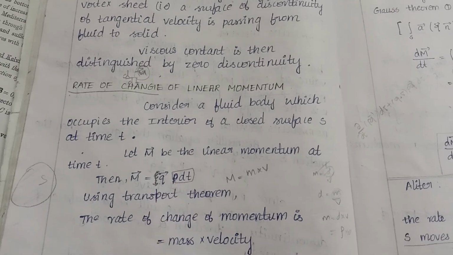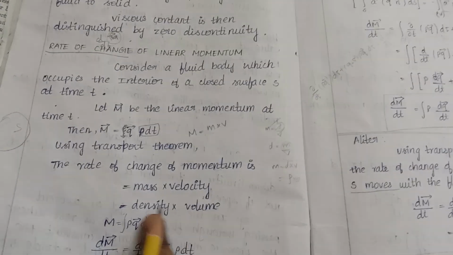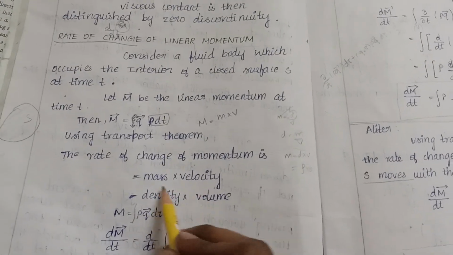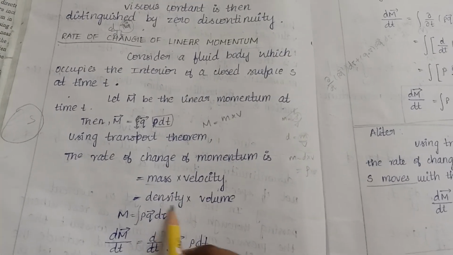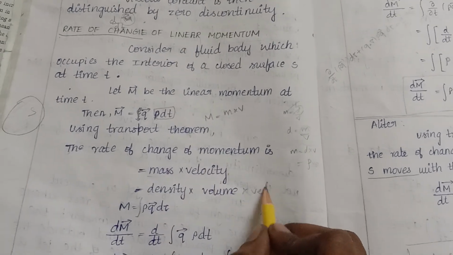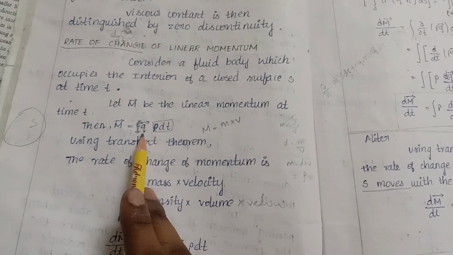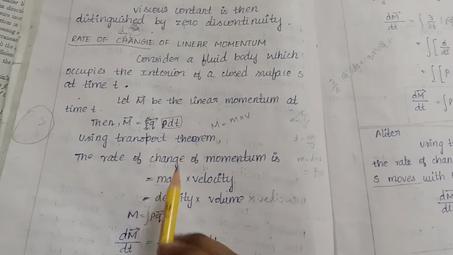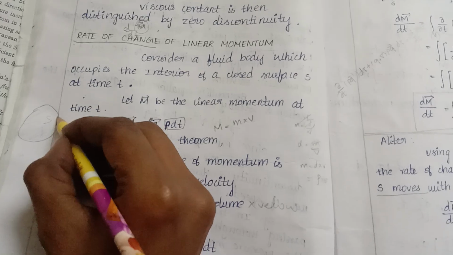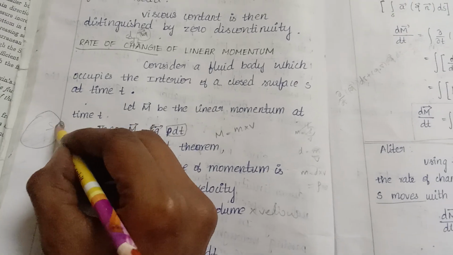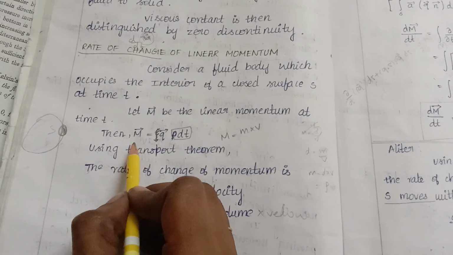By using the transport theorem, the rate of change of momentum, that is mass into velocity, where mass is density into volume, gives m equal to rho q vector d tau. For a particular d tau, for a particular small volume only, we obtain our linear momentum.